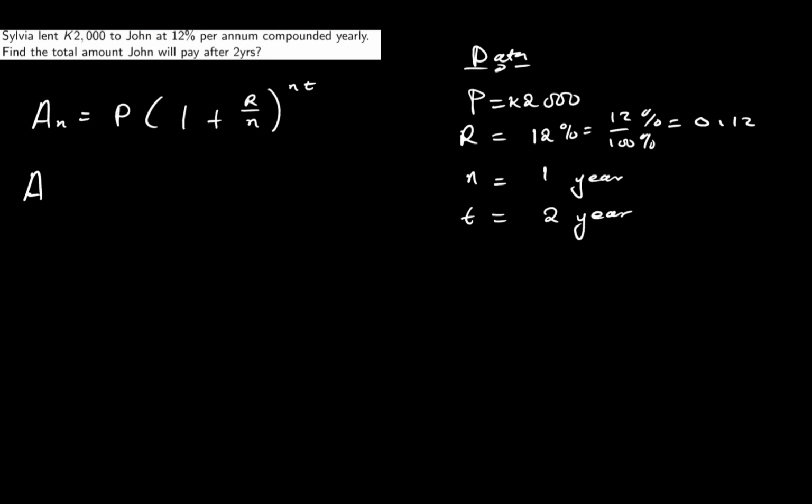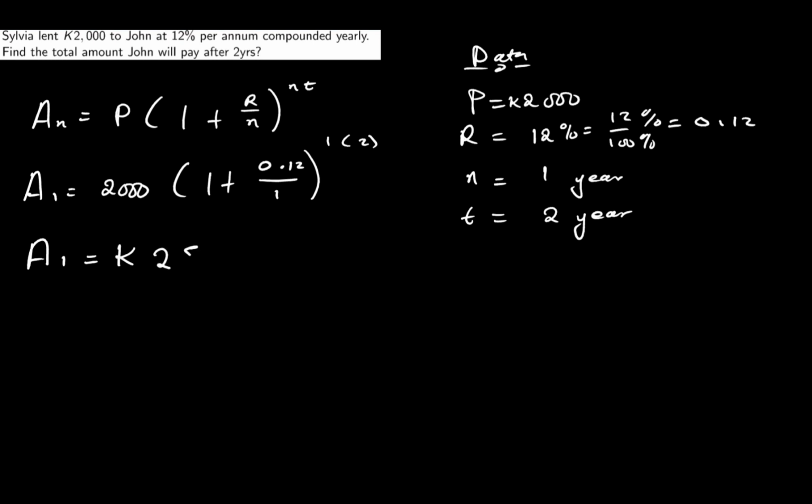So the total amount, which is A sub 1, is equal to the principal, 2,000, times 1 plus the rate, which is 0.12 over 1 to the power 1 times 2. And the accrued amount, which is the total amount, will be about 2,508.8 kwacha. And this is the total amount.